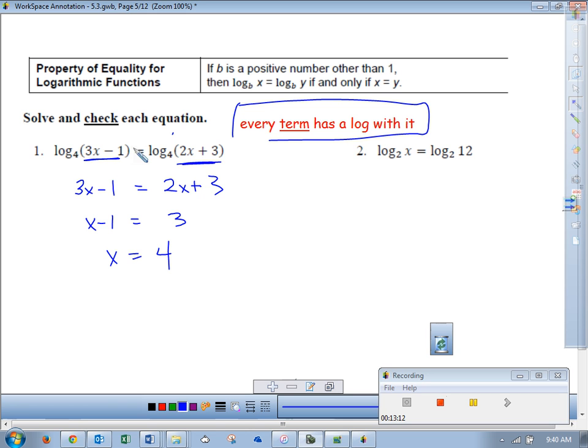Isn't that good? It's not 0, and it's not negative. You check this one, this would be 8 plus 3, which is 11. You did not get 0, you did not get a negative number, so this checks. All you do is go back to your argument and see if it turns out to be a positive number, and that'll work. So 4 is my solution.